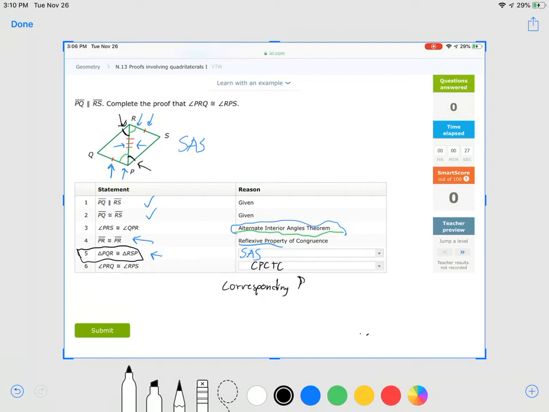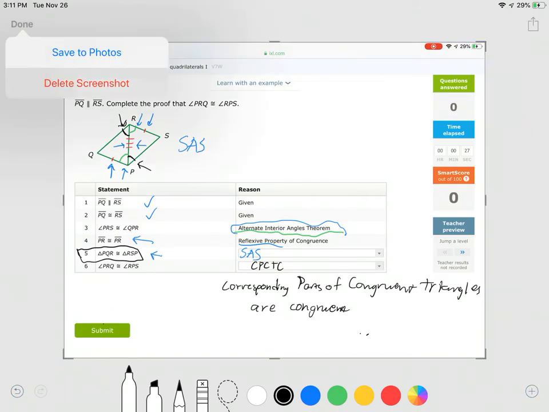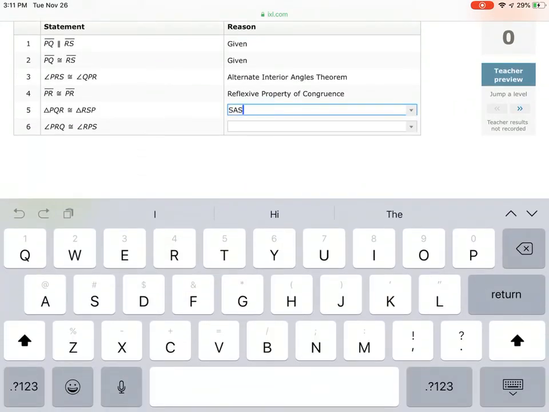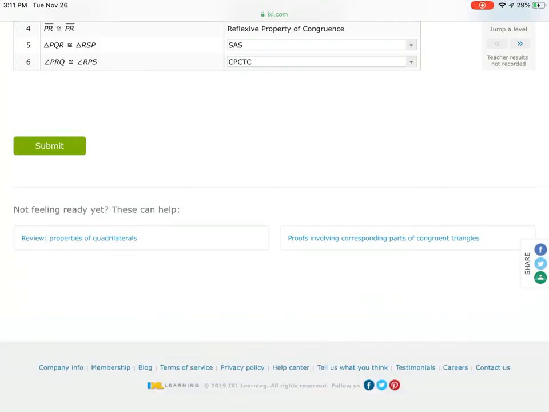Corresponding parts of congruent triangles are congruent. All right, so let's plug that in and make sure we're right. SAS and CPCTC. SAS, CPCTC, submit.